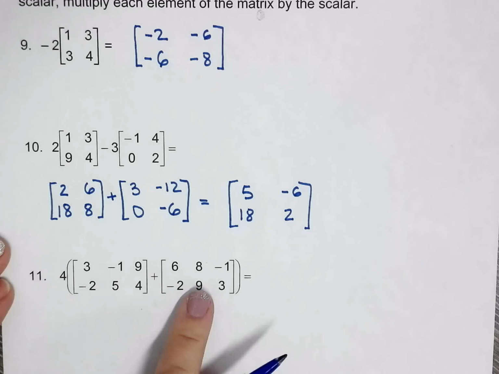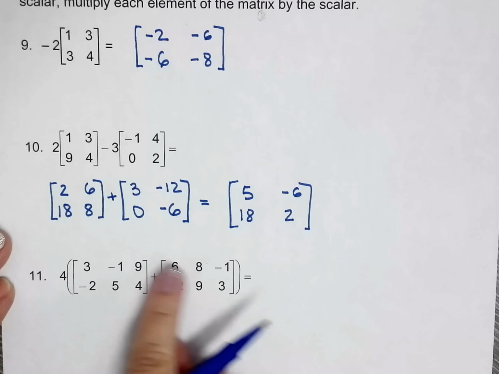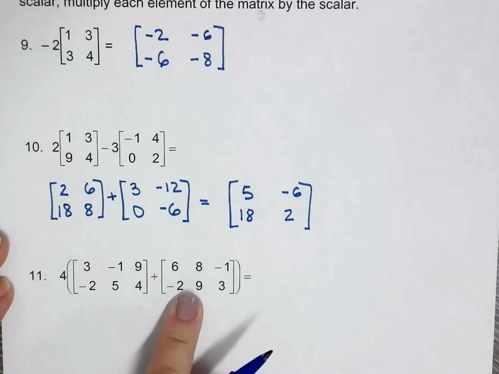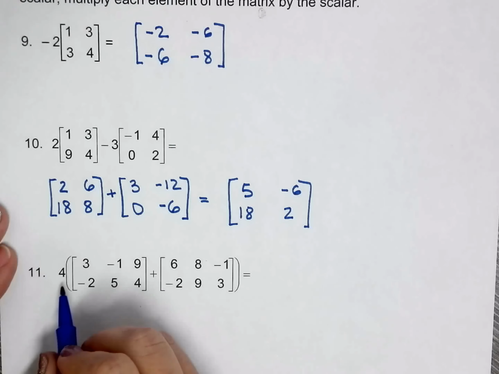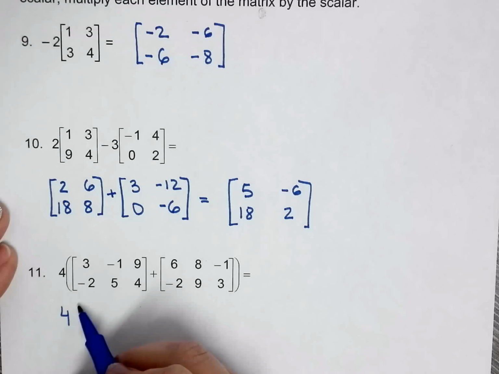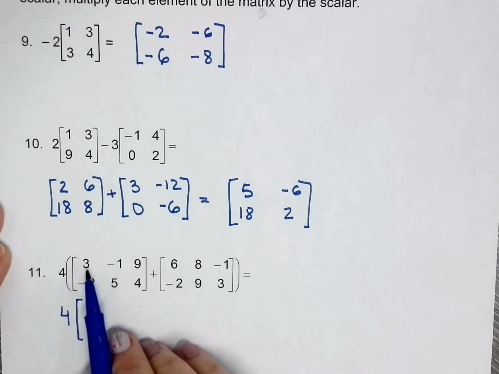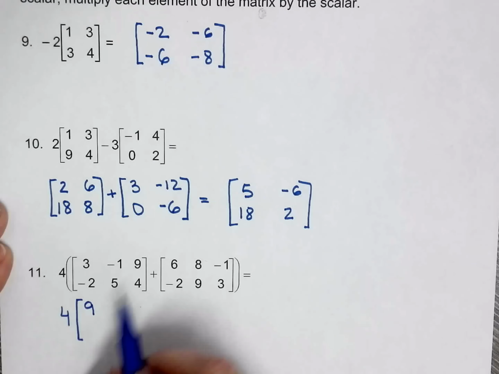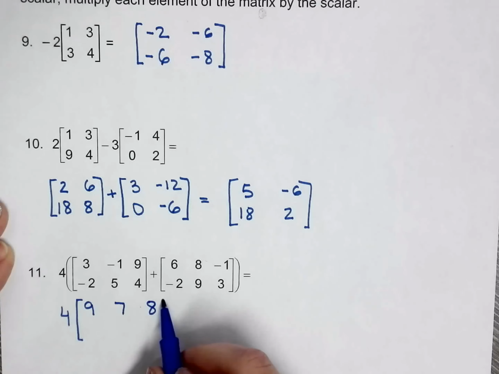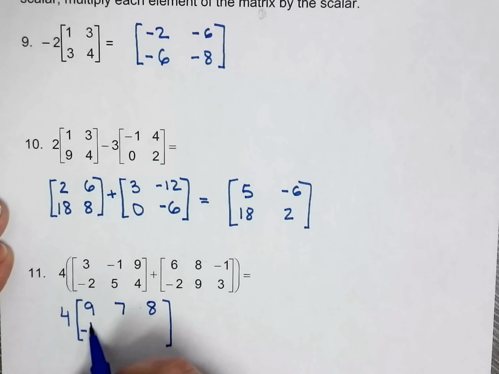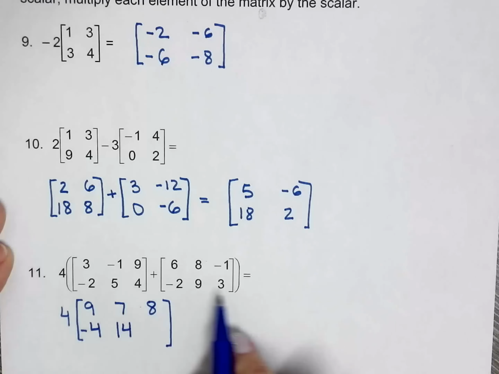Okay, for the next one, I will add them first. Notice that they have the same dimensions. And then I'll multiply whatever I get by 4. So I'm going to leave that 4 right there and add them. 3 and 6 is 9, -1 and 8 is 7, -2 plus -2 is -4, 5 and 9 is 14, 4 and 3 is 7.